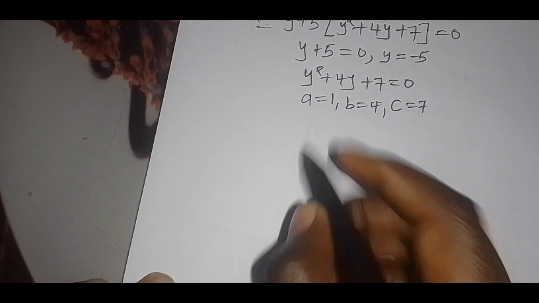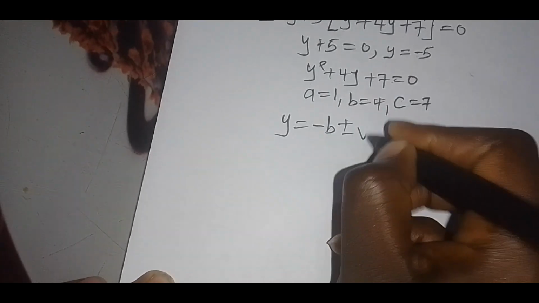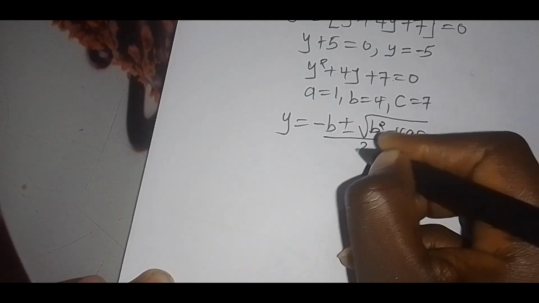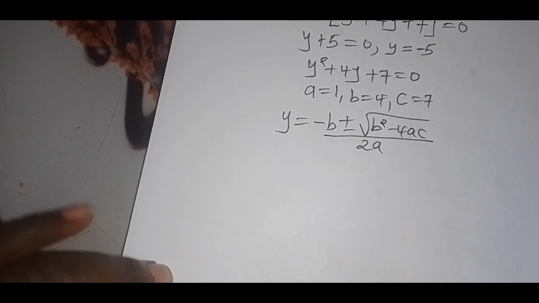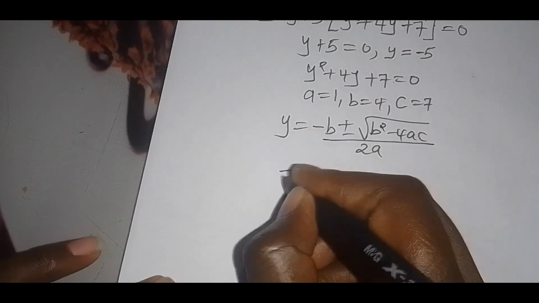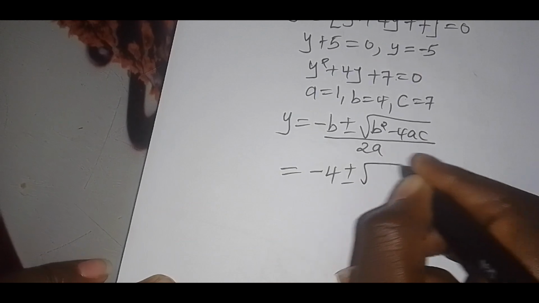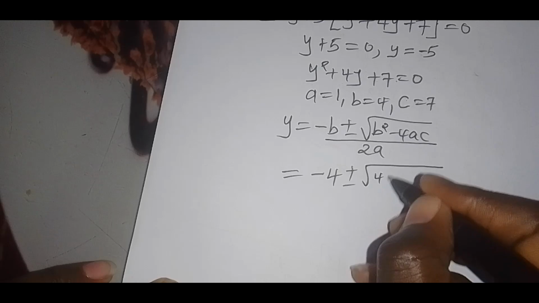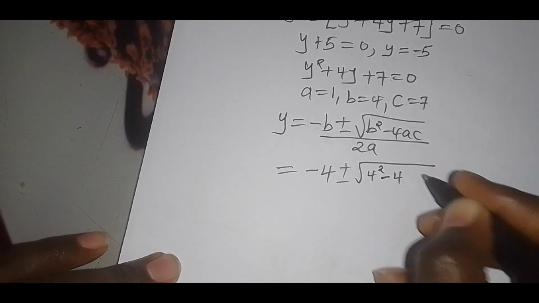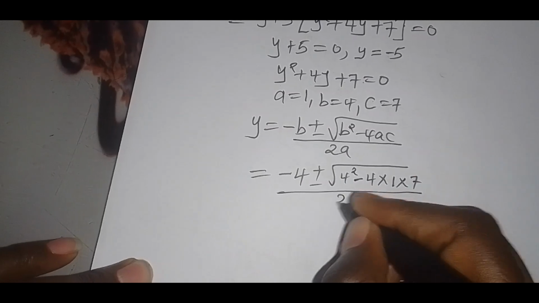So we introduce the quadratic formula, which is negative b plus or minus the square root of b squared minus 4ac, divided by 2a. So we are going to have negative 4 plus or minus the square root of 4 squared minus 4 times 1 times 7, divided by 2.